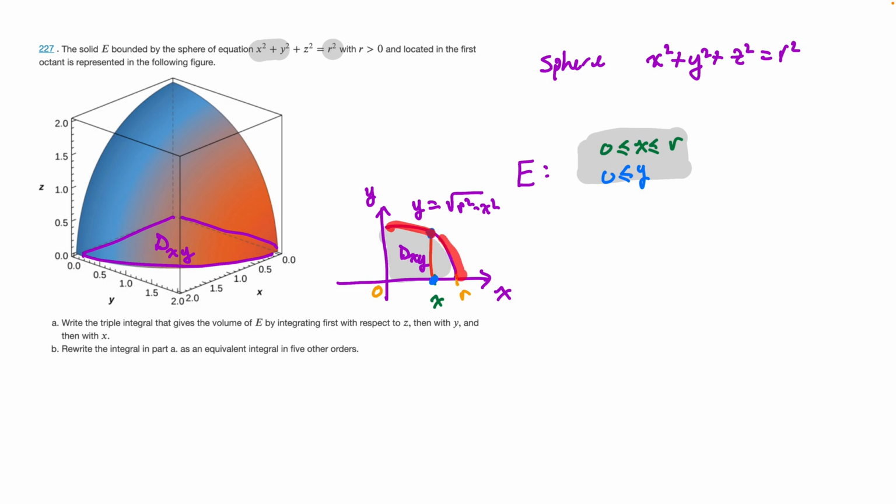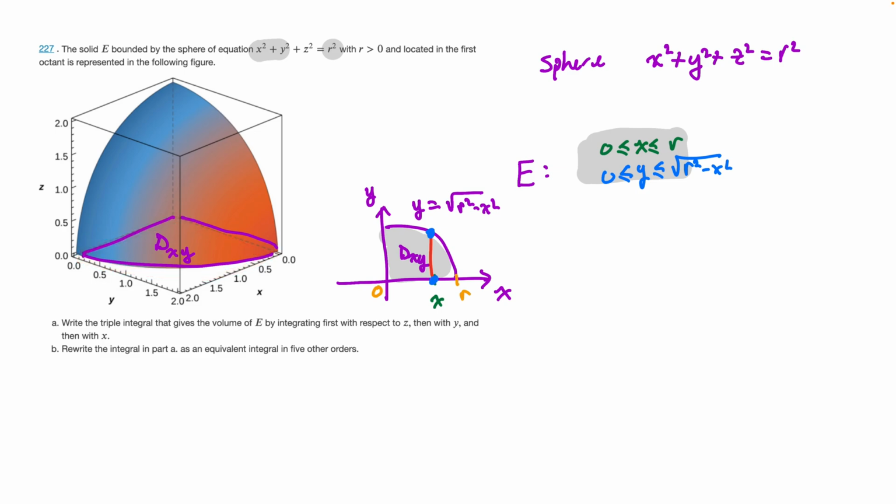So that's this bounding curve, and that's going to be the y-coordinate of that highest blue dot. Good. So now we have a description of a projection of the solid, D sub xy.